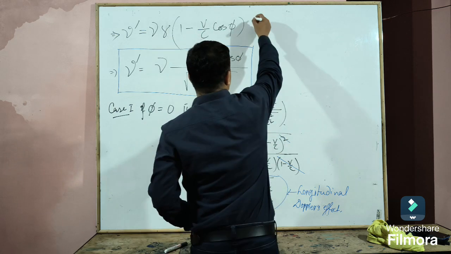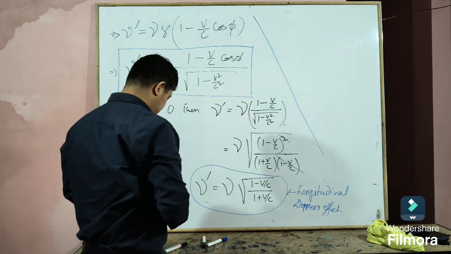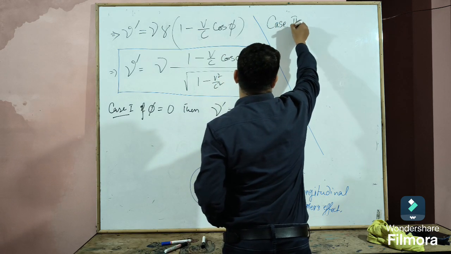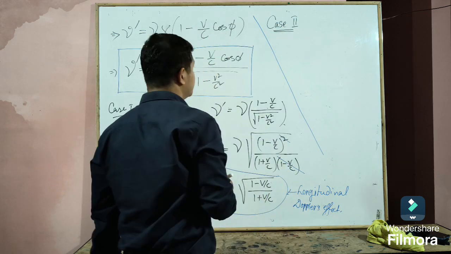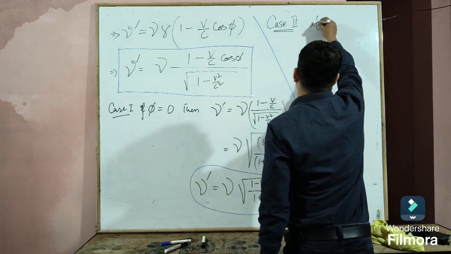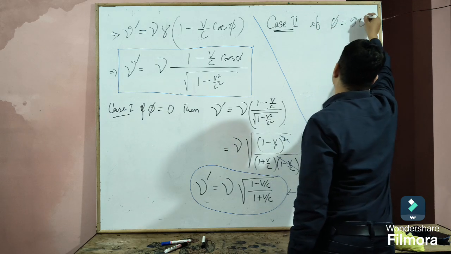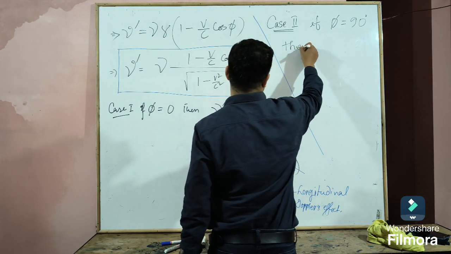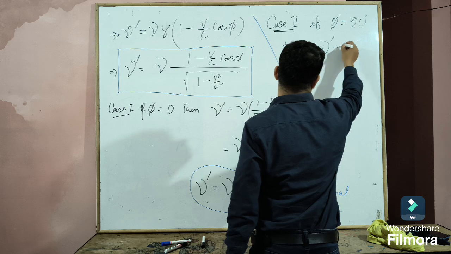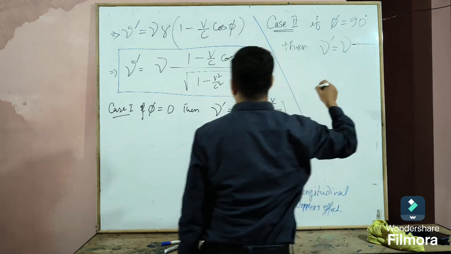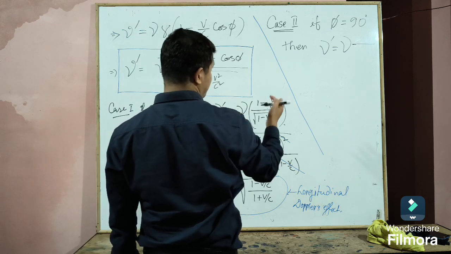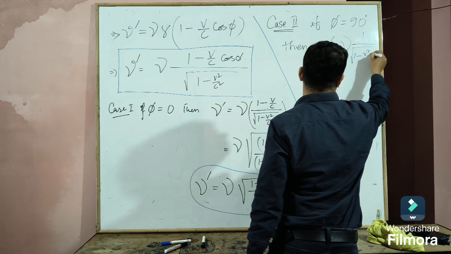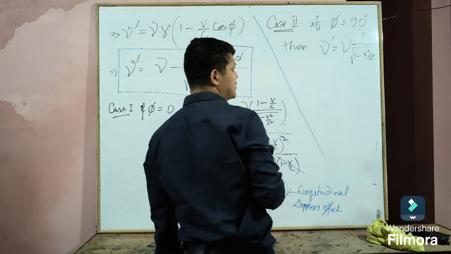Now you see, case 2: if phi is equal to 90 degrees, then what we will have, nu dash is equal to nu into, cos 90 is 0, so here we will have 1 by root over 1 minus v square by c square. That's what we're going to have, right?